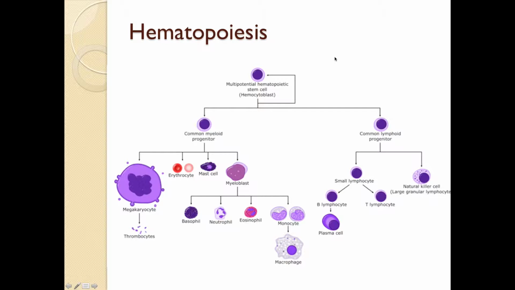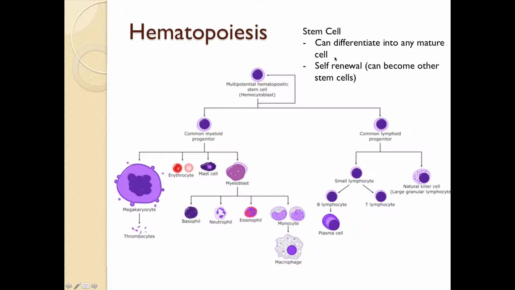So starting off just very simply, the original multipotential, what we call an adult stem cell. This is a multipotential hematopoietic stem cell, or a hemocytoblast. Hemo is blood, cyto is cell, and blast refers to an immature cell. It's not fully evolved yet. It hasn't become completely matured.